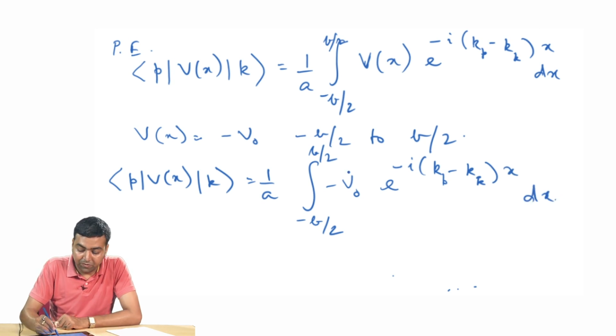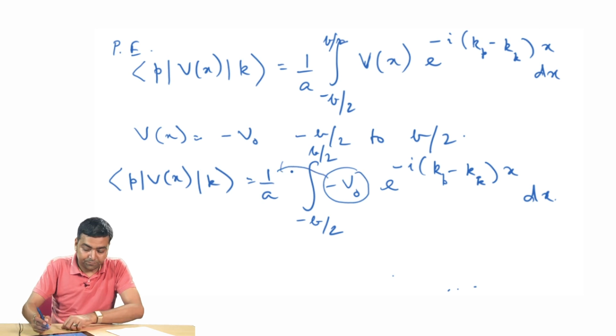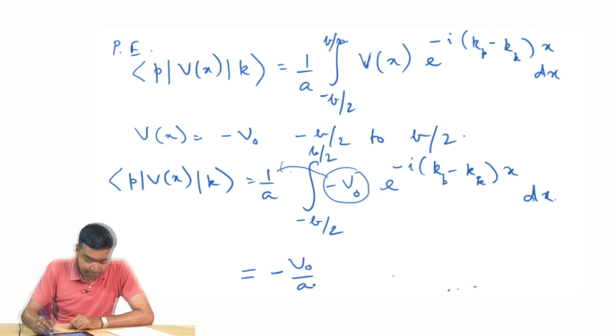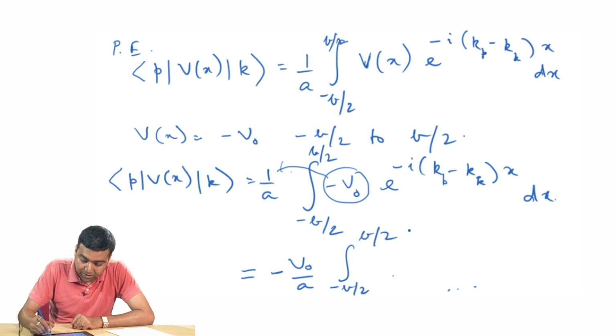Okay. So, this term is a constant. So, this I can bring out here. So, this is equal to minus V 0 by a integration from minus b by 2 to b by 2 of e to the power minus i k p minus k k x.